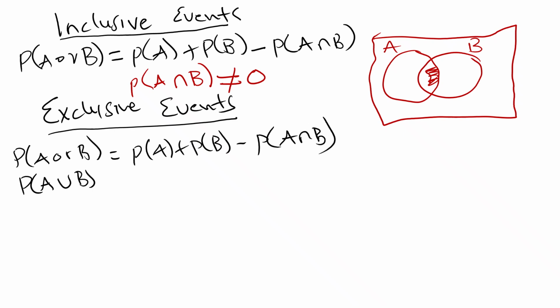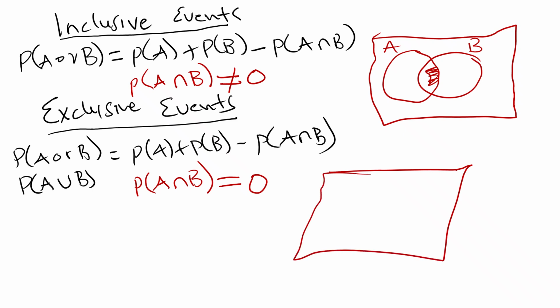So as for exclusive events, the intersection of A and B should be equal to 0, since A and B do not have anything in common. They do not share a common element.